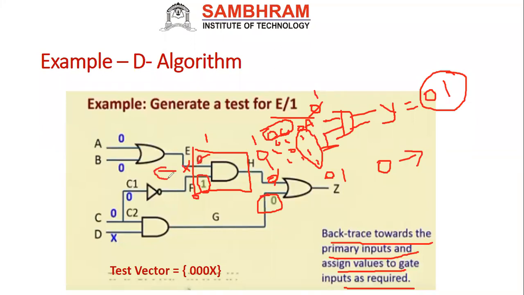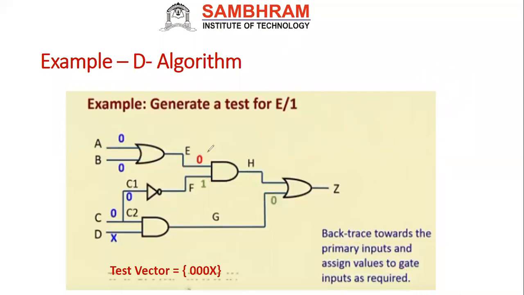When you back trace over here, what will the value be? This output is 0. The problem here is that we are generating a test for stuck at 1. If I make it stuck at 1, the value is already 0. Here the value given is 0, and here the value given is 0. When will I get 0 actually here?